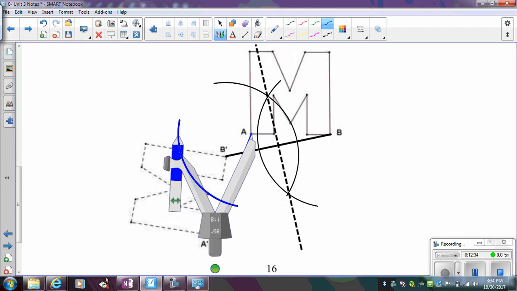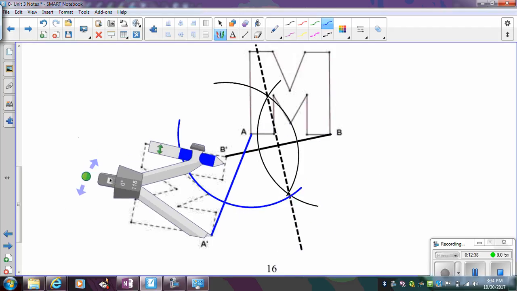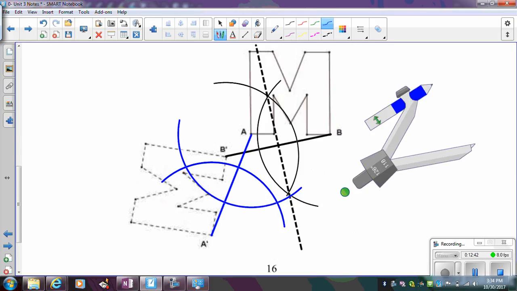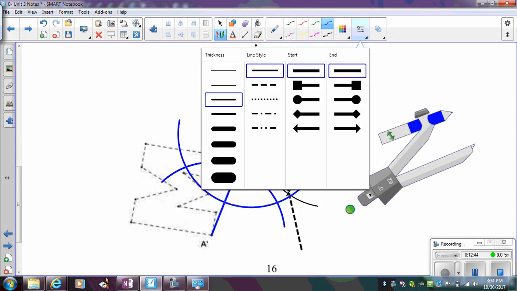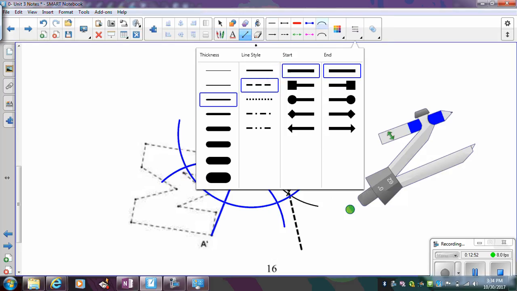So now I can go ahead and do my perpendicular bisector. And then from here, go ahead and connect those.